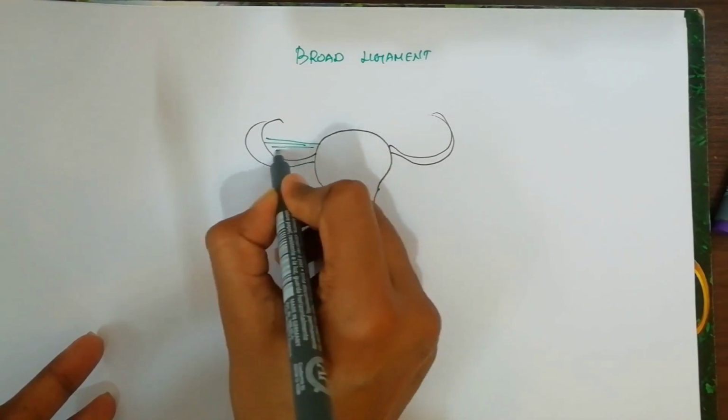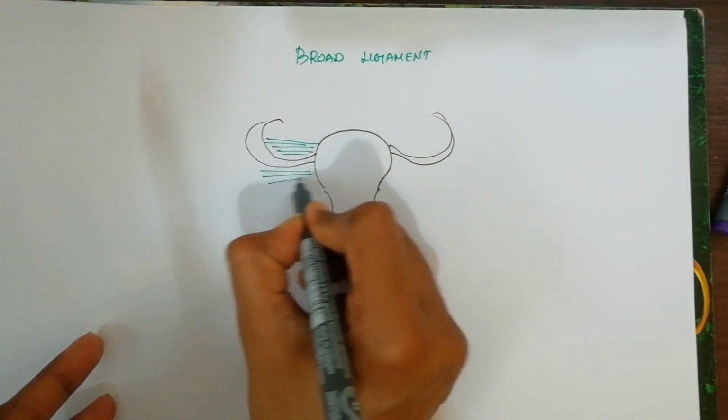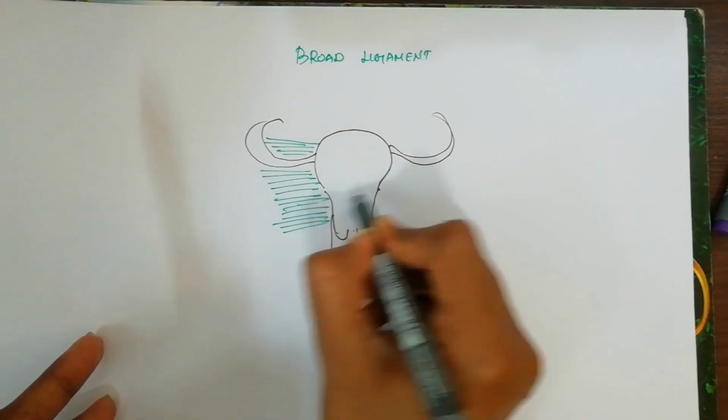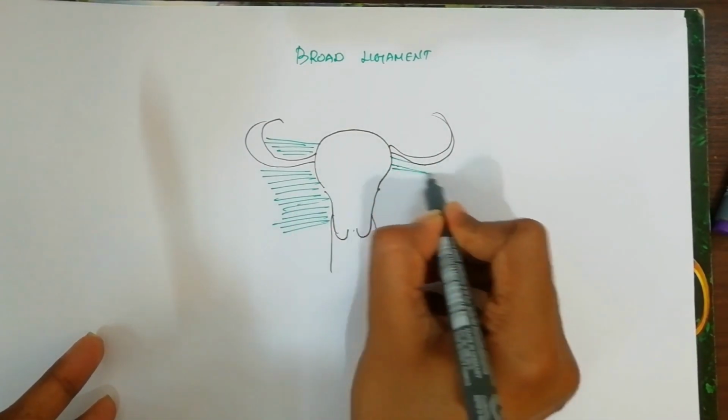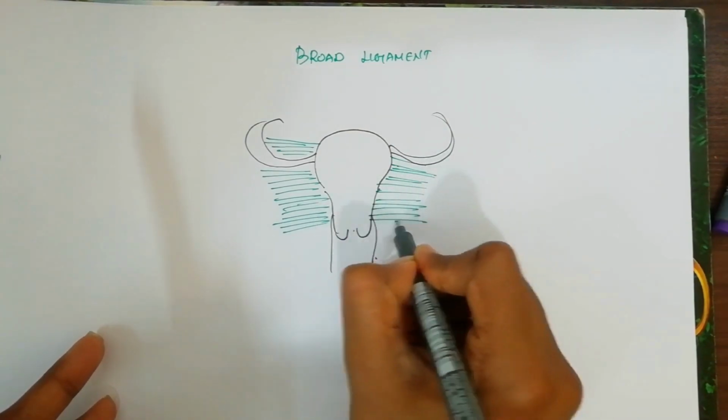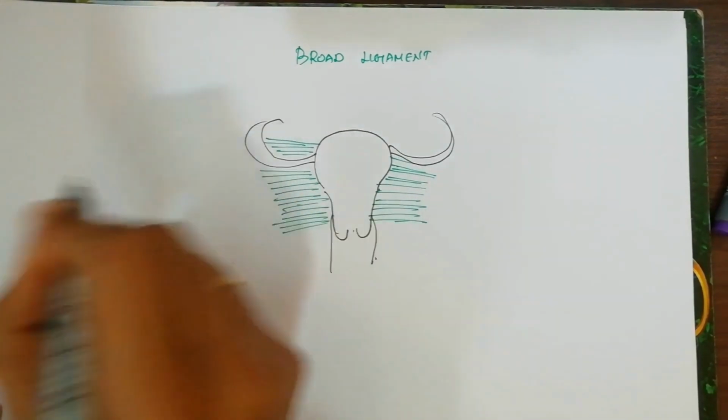The broad ligament is getting attached all over the lateral border of uterus on either side.